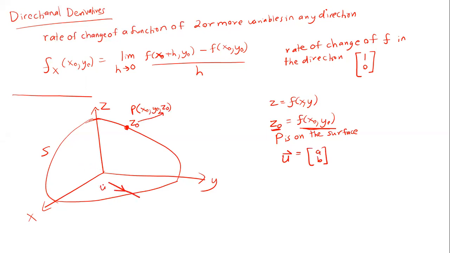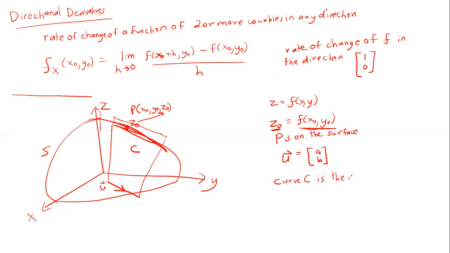So here's the direction u, let's say. And so we could draw like a plane over here that will cut through the surface. And so if we look at this plane that goes through the surface in the direction of u, then there will be this curve over here, C. We'll call this C.